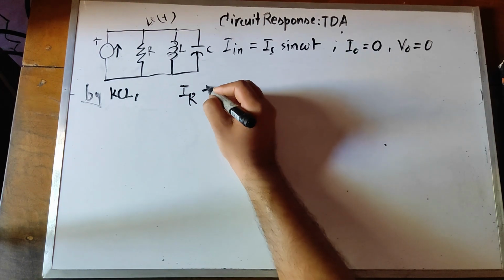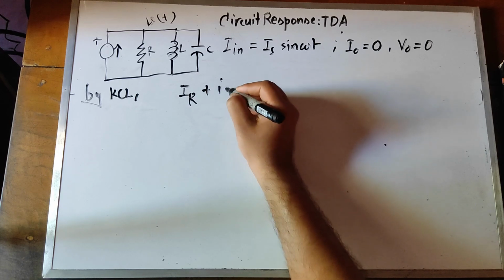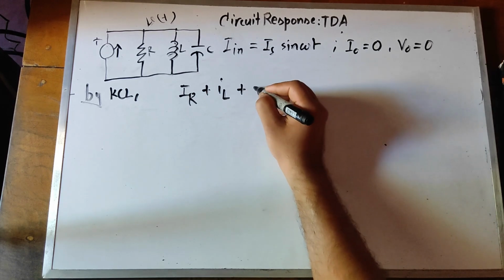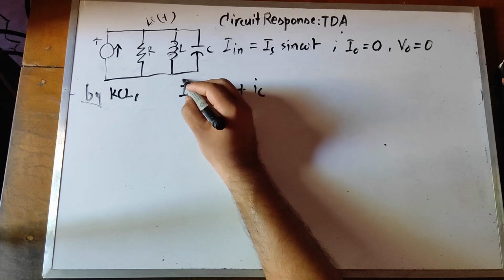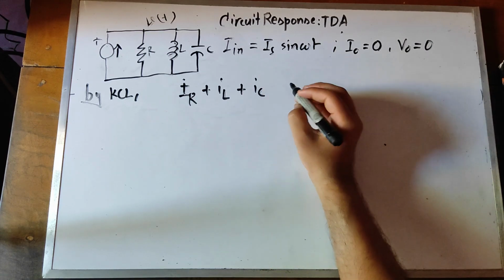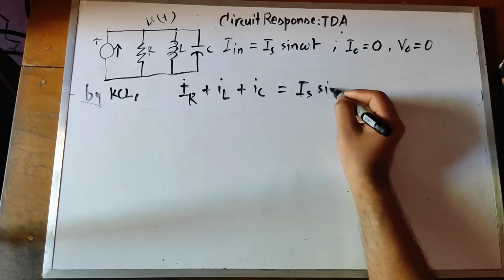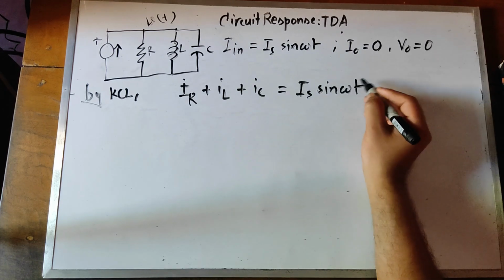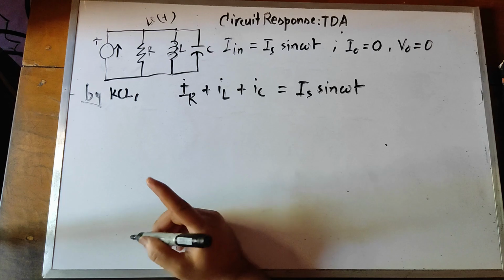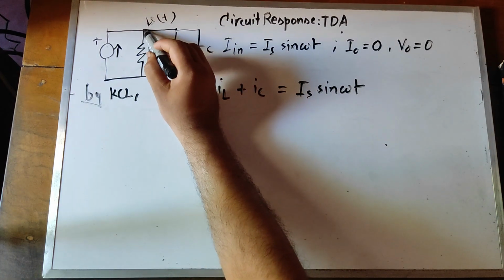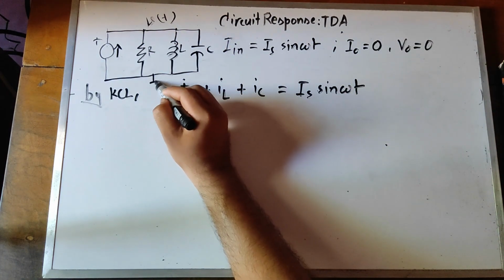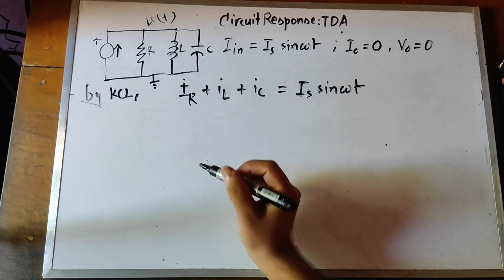KCL will give me IR plus IL plus IC. So this is I, which is I_s sine omega t, because the input is at the node, this is the node and this is the reference node.